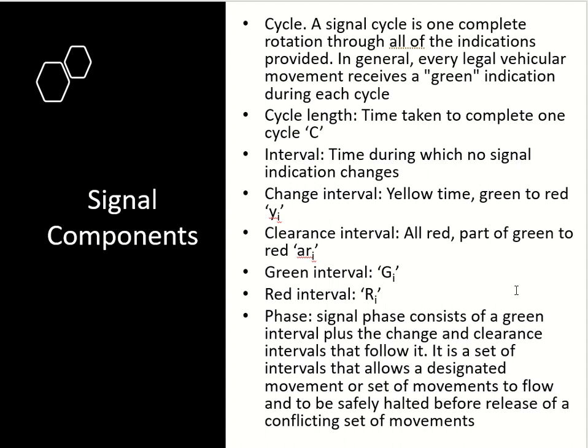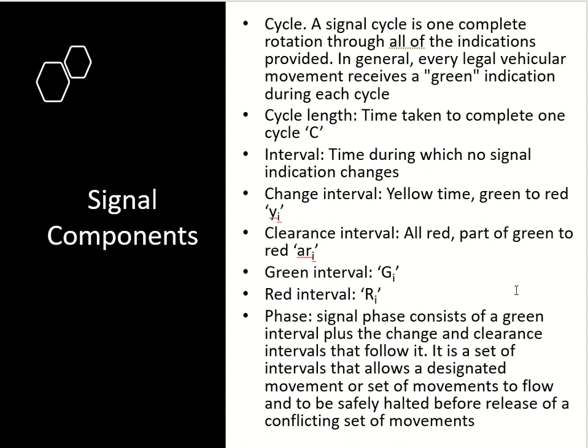But maybe the signal has become yellow. So for those drivers who made this small error or did it intentionally, see yellow, go fast, for those drivers to clear the intersection, we call it the clearance or all-red interval.